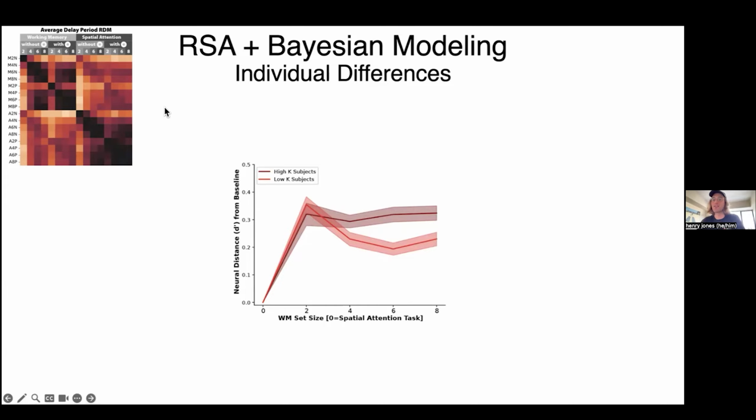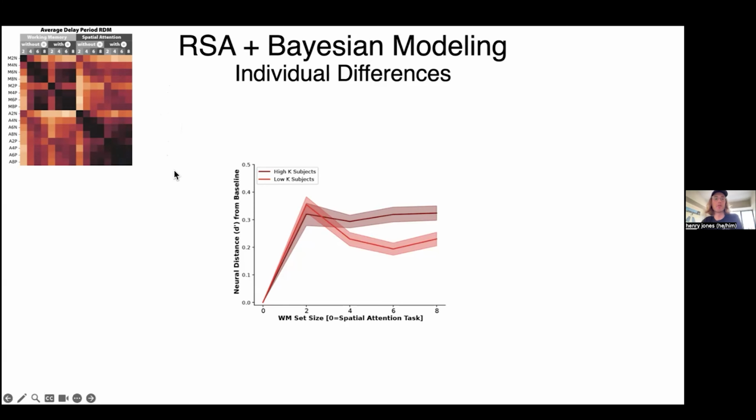Obviously, we don't have set size 3 here, so we can't know whether it would have peaked higher and then gone down. But in behavioral estimates of capacity with big N data sets, the average capacity is around 2 2/3 of an item. So it makes sense that the peak would be closer to 2 than to 4.